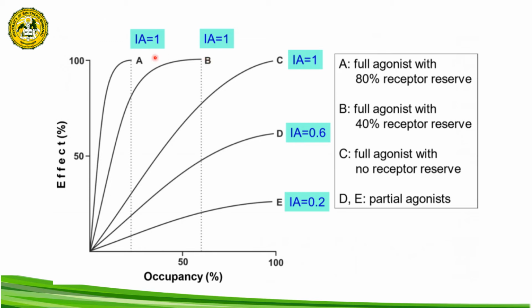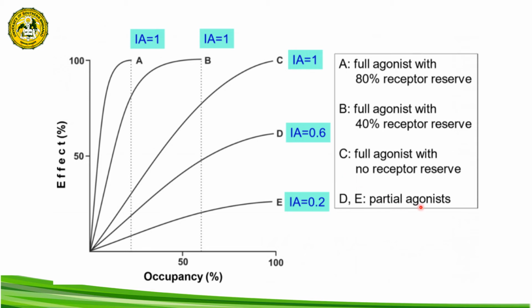When we compare the intrinsic activity of drugs A to E, we can say that drugs A, B, and C are considered to be full agonists, while drugs D and E are partial agonists.